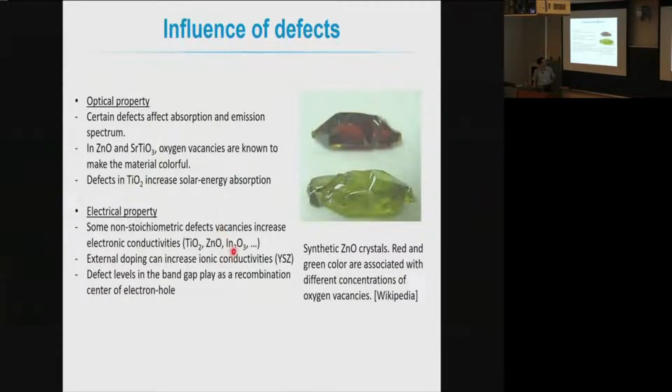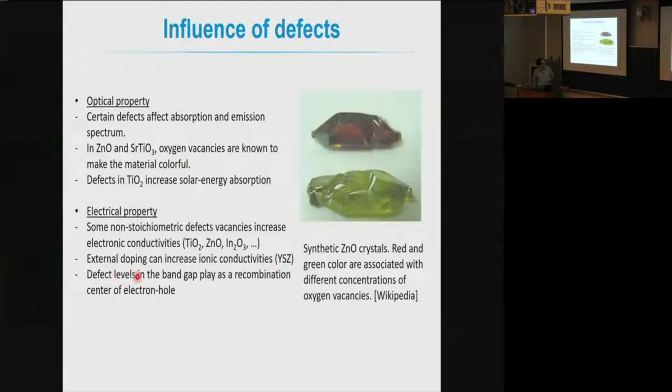Okay, and it is well known that ITO, indium tin doped indium oxide, are very good conductors. And also the external dopant affect the ionic conductivity, like yttrium doped stabilized zirconia. In this case, they introduce the dopant, introduce oxygen vacancy, which accelerate the diffusion of the oxygen atoms.